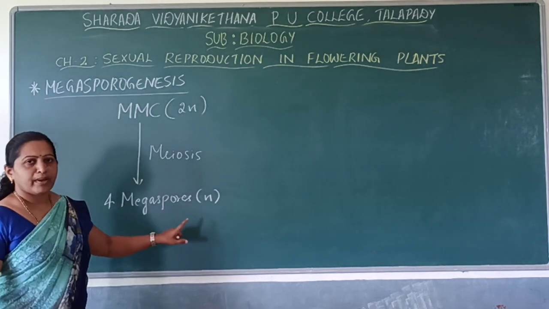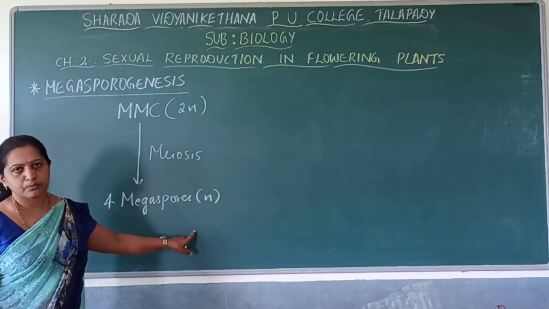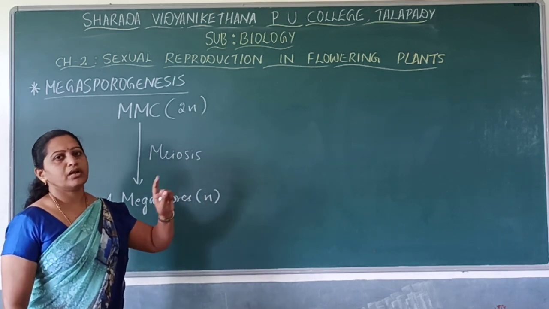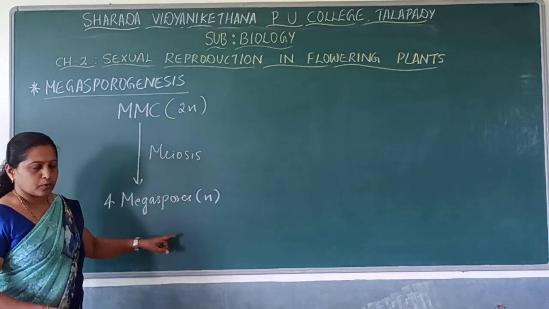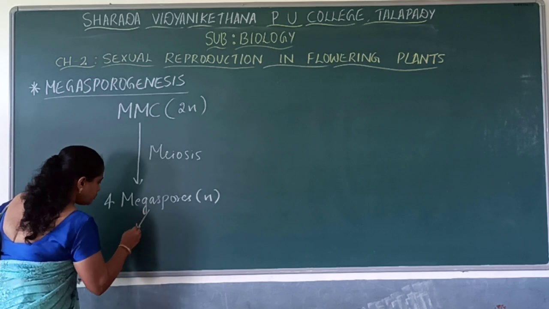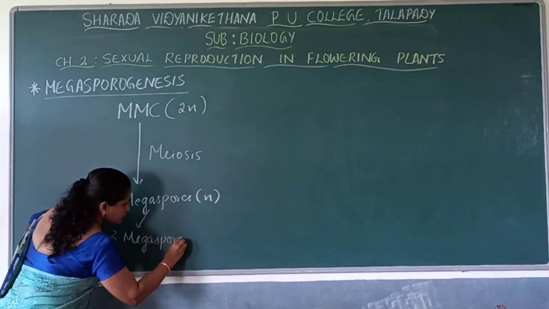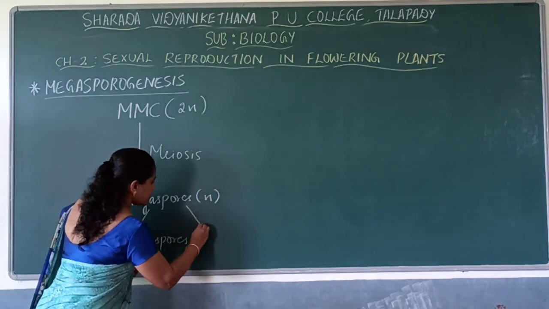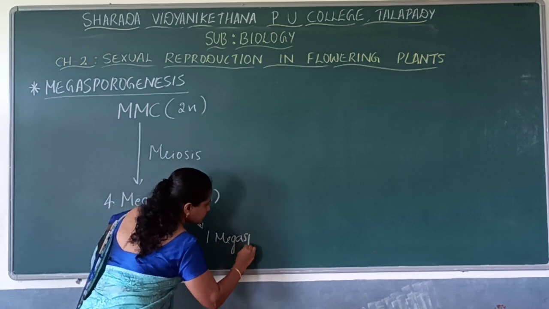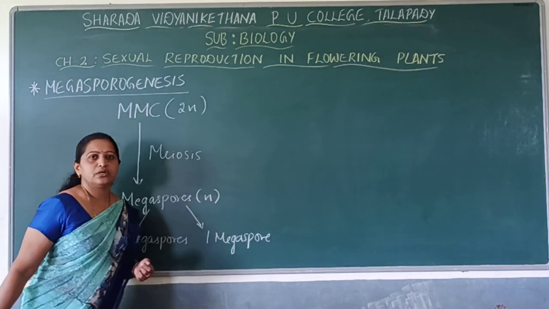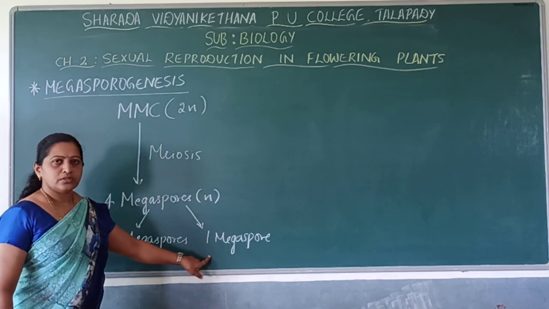But all these 4 megaspores do not develop into the embryo sac. Among the 4 megaspores, 3 will degenerate, whereas the remaining 1 megaspore develops into a female gametophyte known as the embryo sac.